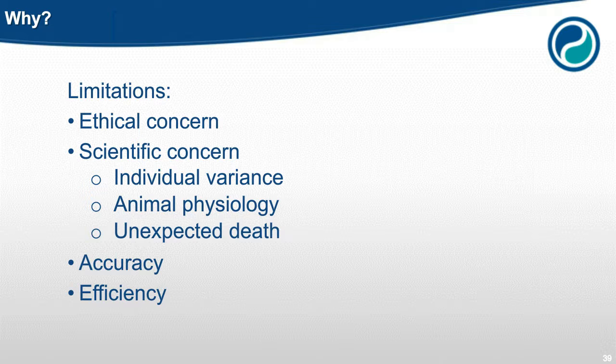Another possibility is unexpected death: if some of the animals die during sample collection because of losing a huge amount of blood, that can impact the total statistic calculation when we do PK modeling or PK profiling. There are also accuracy and efficiency concerns due to the sample collection procedures using the conventional way.